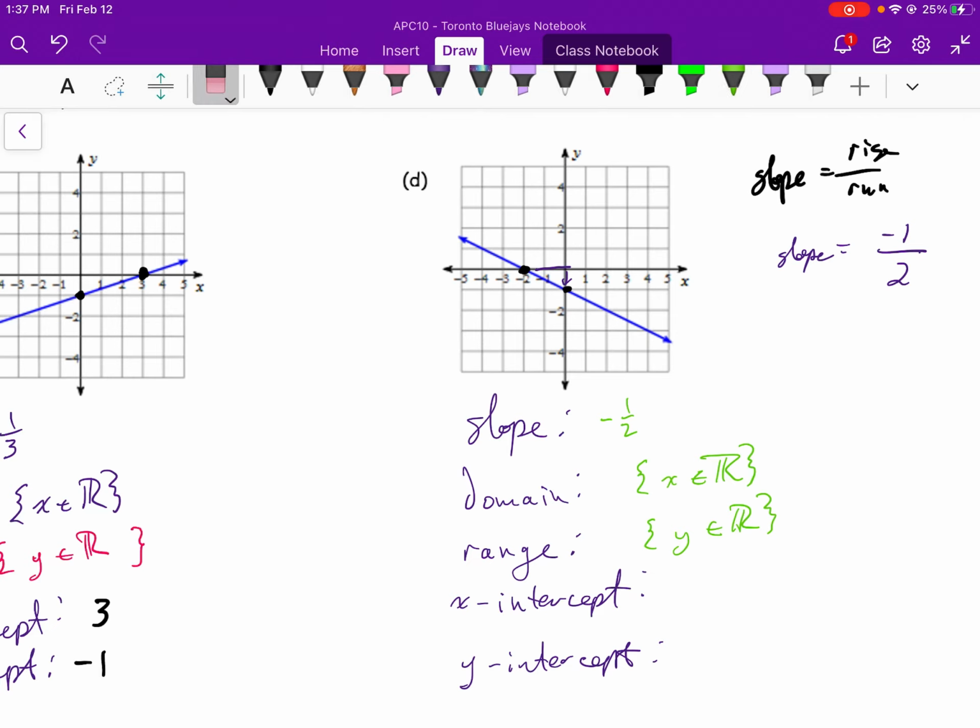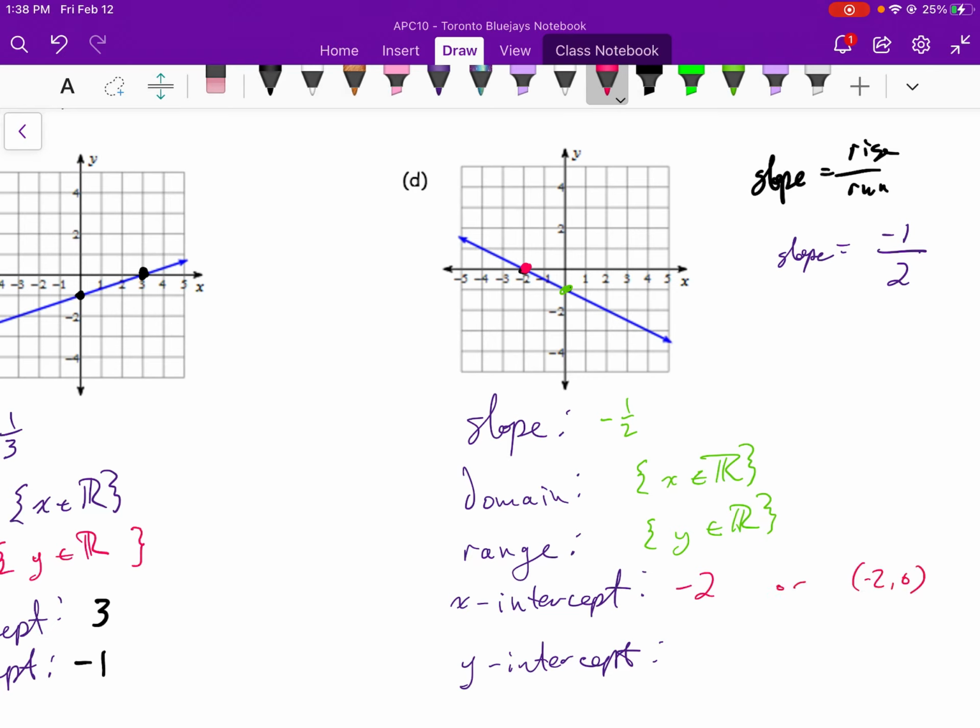My x-intercept, now it's interesting because my x-intercept helped me to find the slope. My x-intercept is this point, and it's -1. Or if you want, you could write it as -1 comma 0. My y-intercept, oh, pardon me, I made a mistake there, didn't I? My x-intercept is right here, where it crosses the x, and that's -2.